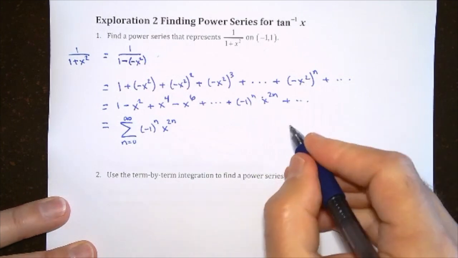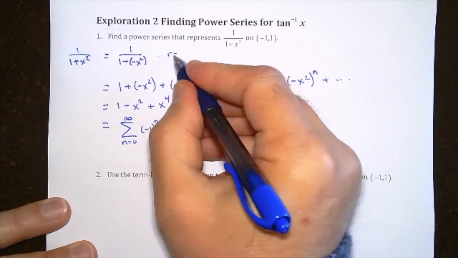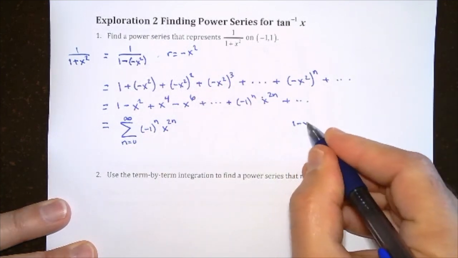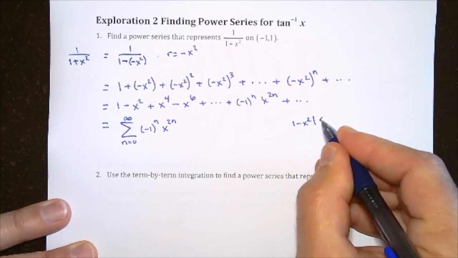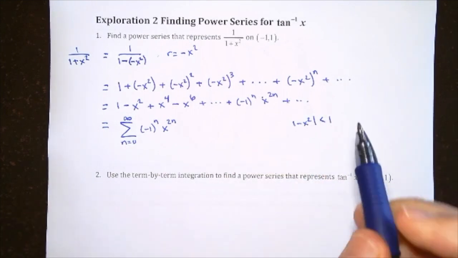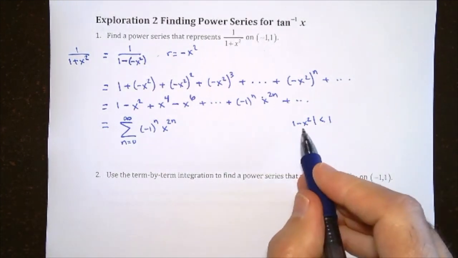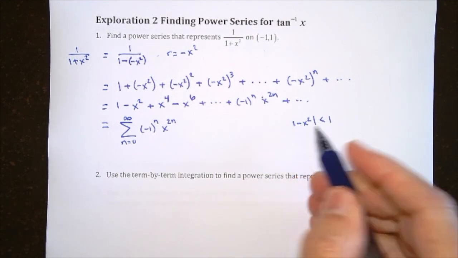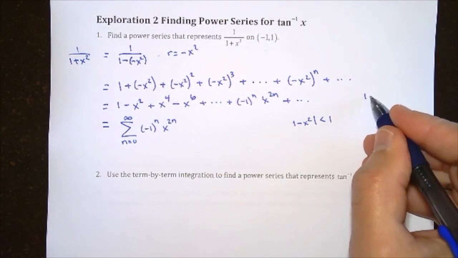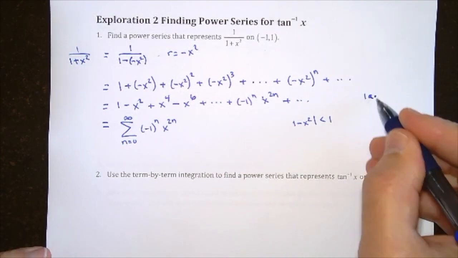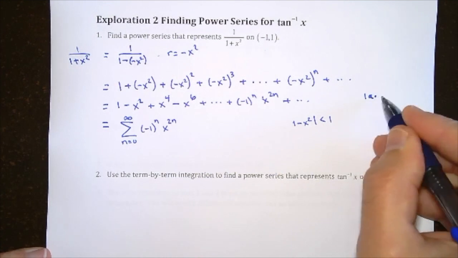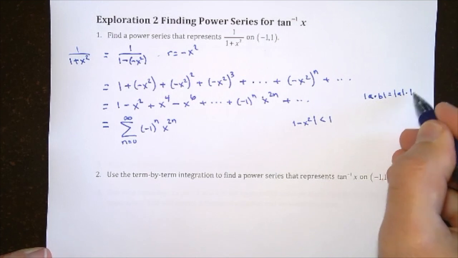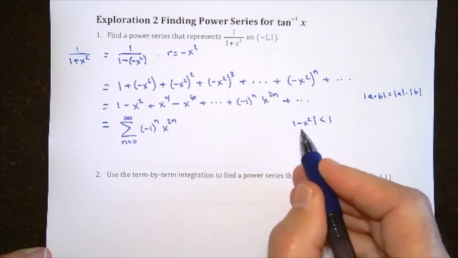Okay, so let's talk about that. My r up here is negative x squared. So that means the absolute value of negative x squared has to be less than 1. If you take the absolute value of this, it's like negative 1 times x squared, and a property of absolute values is that the absolute value of a product, like a times b, is equivalent to the absolute value of a times the absolute value of b.